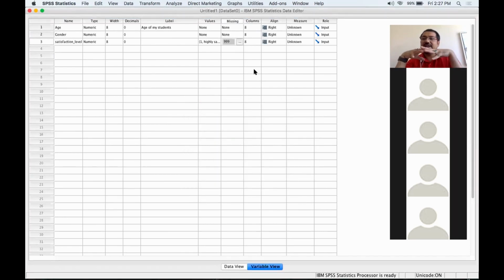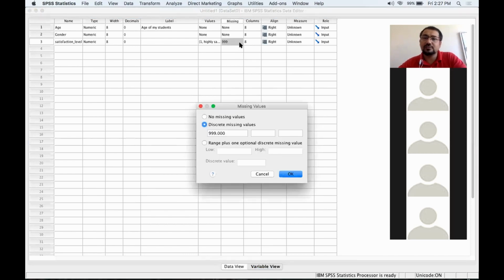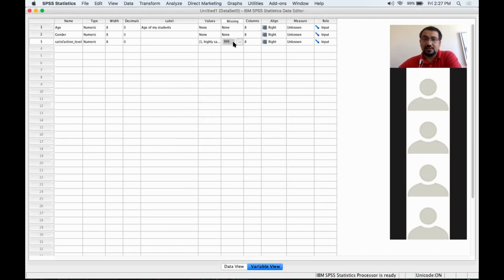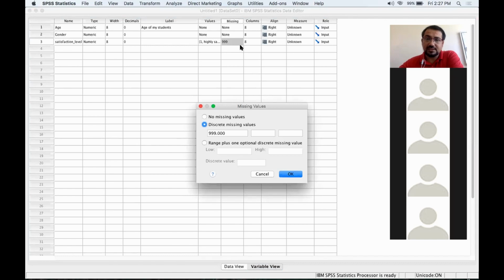So whenever in data it pops up, or in the results from SPSS, it will show you that missing value 999. If you have forgotten 10 columns, it will show you 10 columns. So this is also important if you have very big data and if you feel that you might make a mistake.